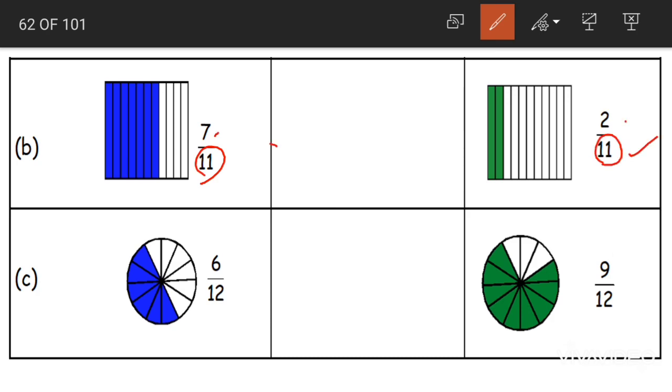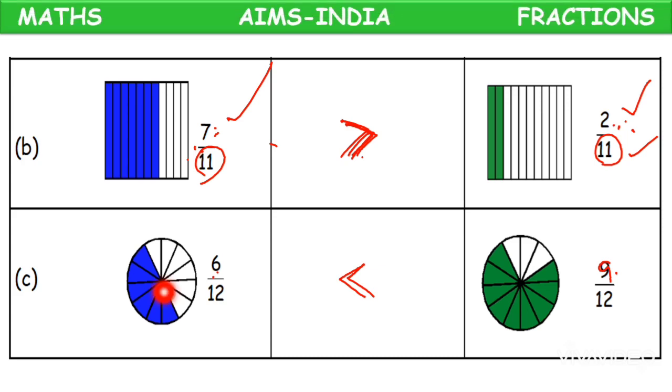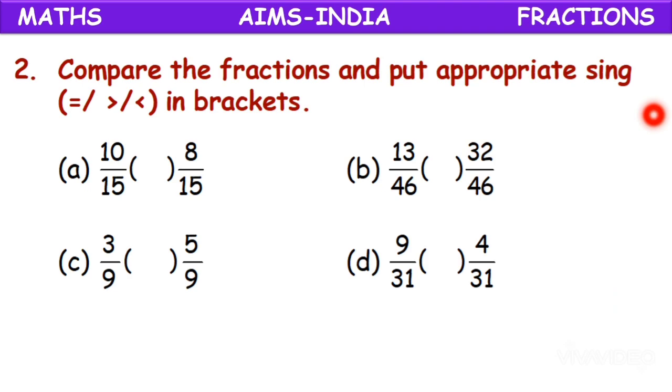When we compare the numerators, 7 and 2, 7 is greater than 2. Again, opening the mouth towards the greater number, 7 by 11 is greater than 2 by 11. Now question C, 6 by 12 and 9 by 12. Comparing the numerators, 6 is less than 9. So 6 by 12 is less than 9 by 12.